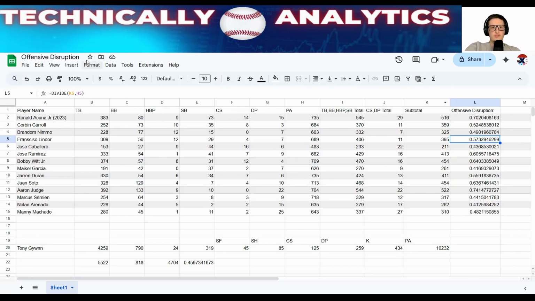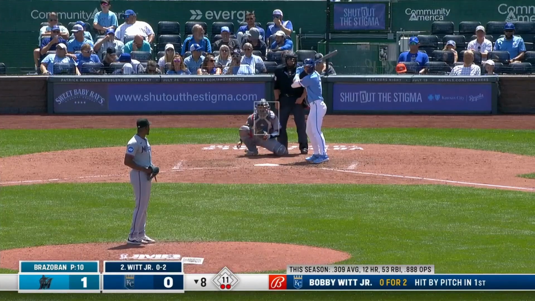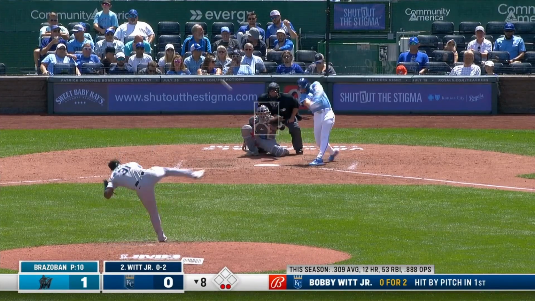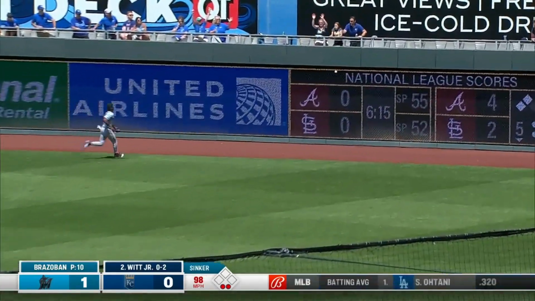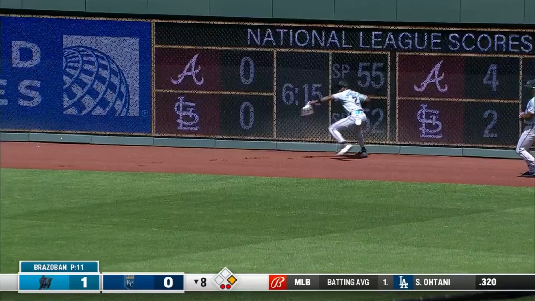So anyway, that's offensive disruptor. I don't know. It's just an interesting stat, and I think there's potential for it to be something that could actually measure everyday players, especially if you were to baseline it against an average of the whole MLB. You could take that baseline and use it to measure players against each other, because it gives you some idea of a representation of how good these guys are at being offensive disruptors.